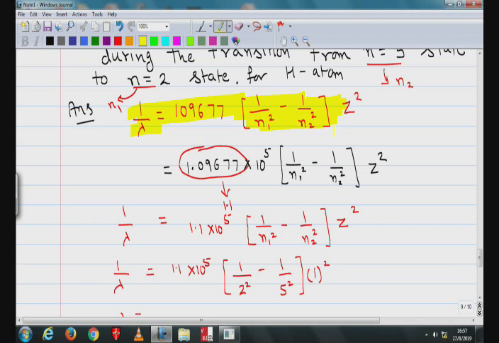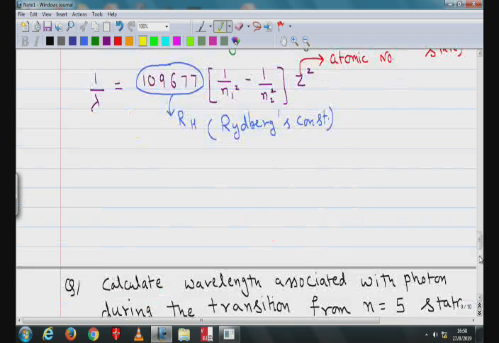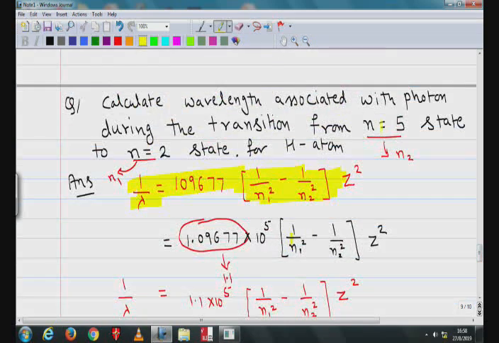Obviously, both of the orbits will have different values for the transition to give some wavelength or frequency of the radiation. So pick n1 as the smaller value and n2 as the bigger value. And after that, you just use the relation. Like in the given question, they are saying the transition takes place from n equal to 5 to n equal to 2 state. It means n equal to 5 is the bigger value.